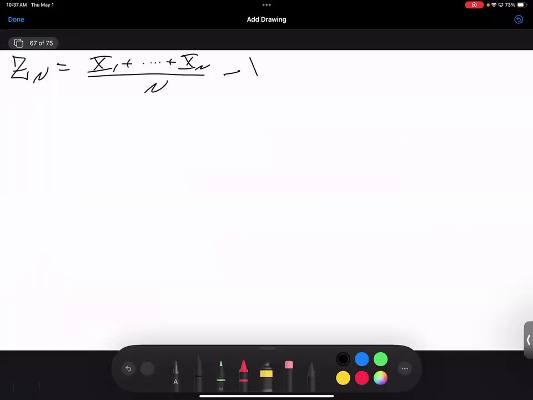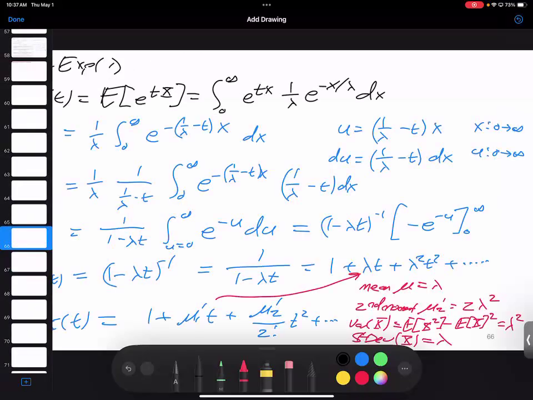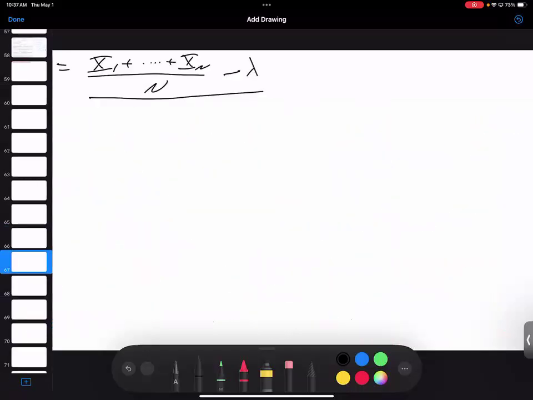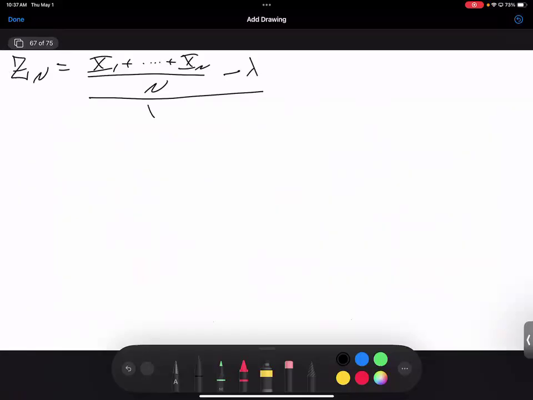So we subtract off lambda, and then we divide by sigma divided by the square root of n. What's sigma? Sigma squared is lambda squared. The variance is lambda squared. It's just lambda. So the mean and the standard deviation are both lambda. And so we would divide by lambda divided by square root of n.